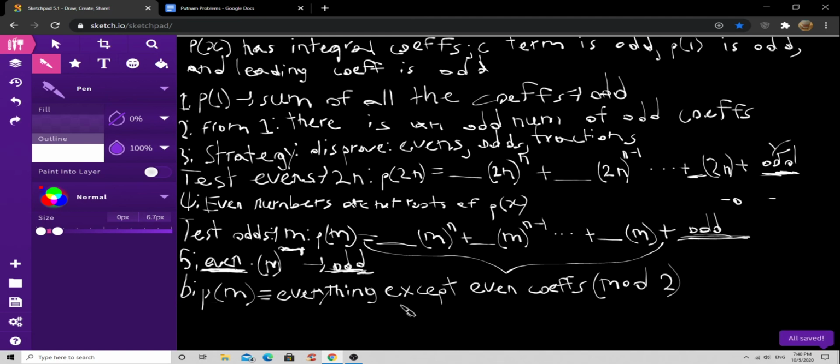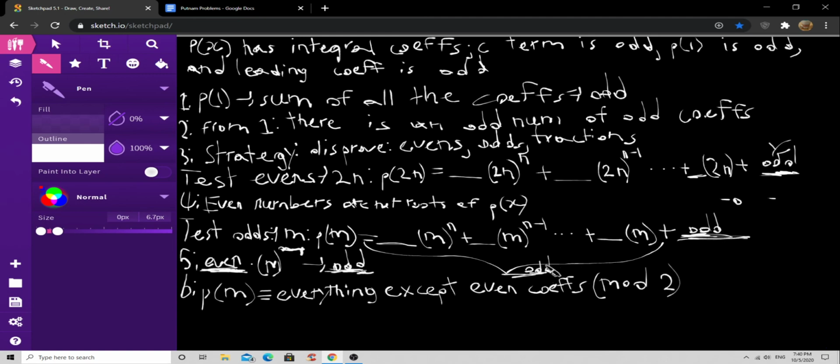Or, hold on. You see, this is the key, because we have an odd number of odd coefficients, then we're excluding the even coefficients. So if we have an odd number of odd coefficients, we know that we won't have an even number of them. So as a result, we'll just get an odd number.